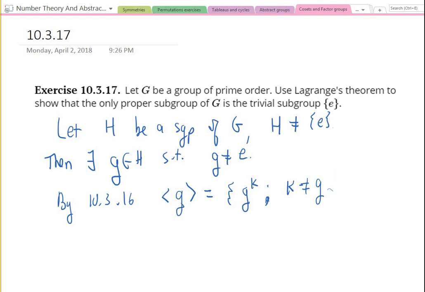K is an element of big G? No, that's not true because k is an integer. Actually, what is true is that this is G to the k, and here k equals 1, 2, 3, and so on.